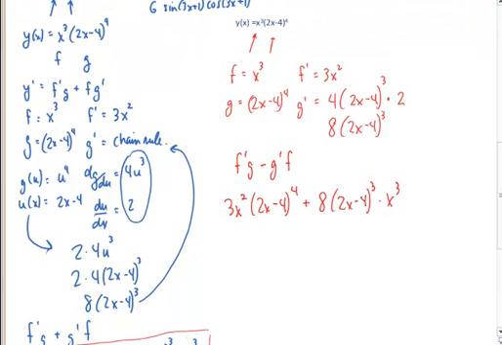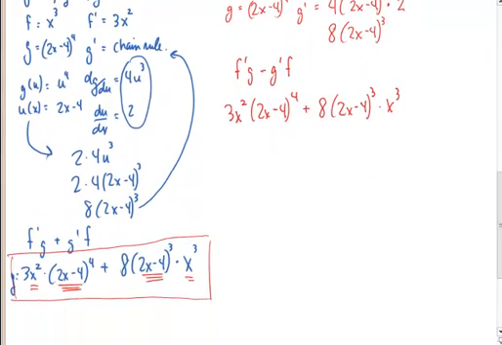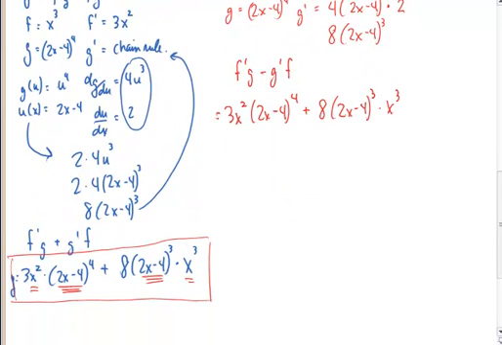And now I'm at the same position I was with the earlier problem, and if I want to find the derivative and simplify, since I have some time, I could simplify this, because I'm going to take an x squared out of both, and I'm going to take a 2x minus 4 to the 3rd out of both, leaving behind a 3 plus I have an 8x.